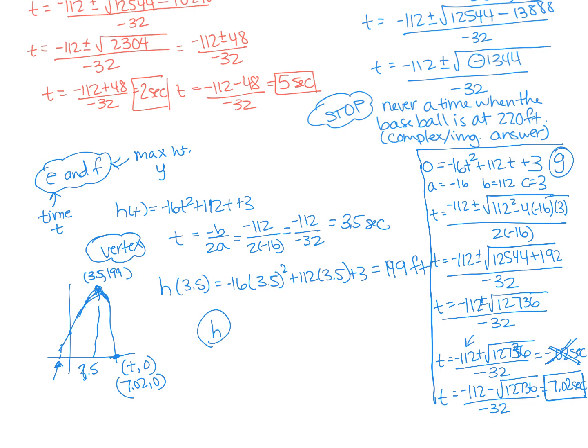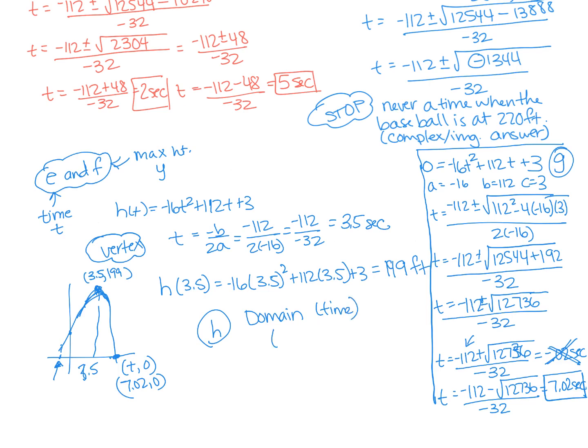Now, it's a little different than what you and I have been doing in class. Normally, the domain for a quadratic equation would be all real numbers, negative infinity to infinity. But this is a real life problem where my domain, remember, is my x values. So in this case, it's my time. What works for my time?